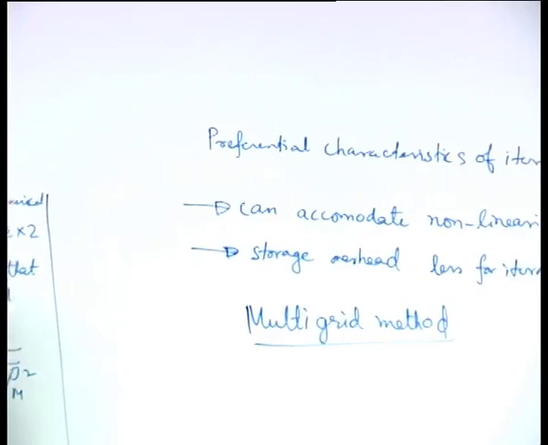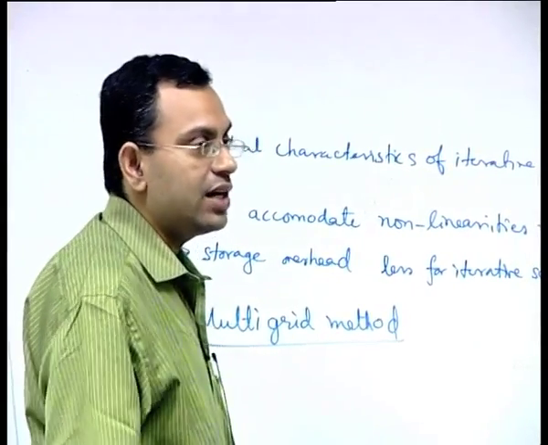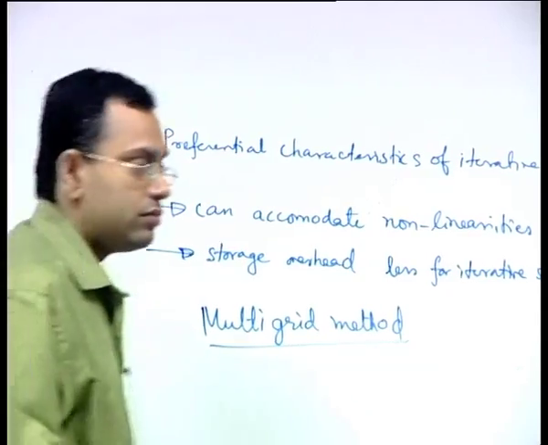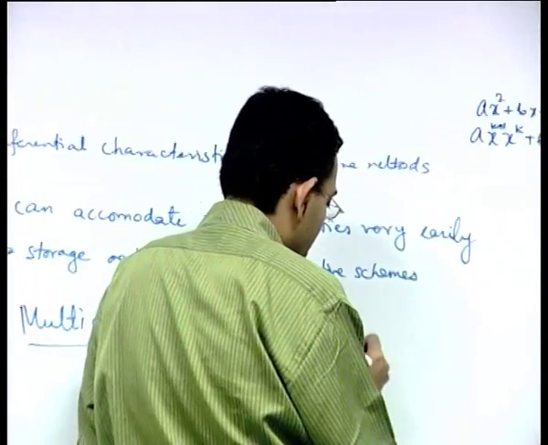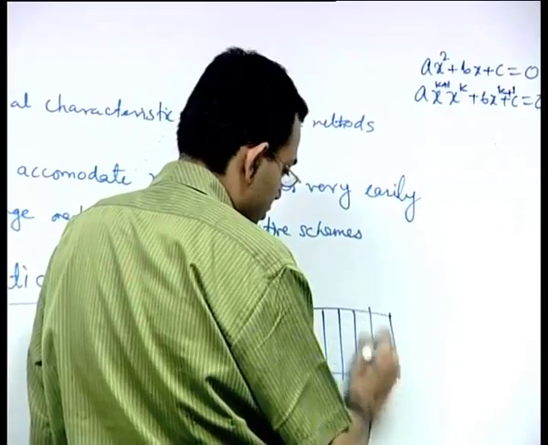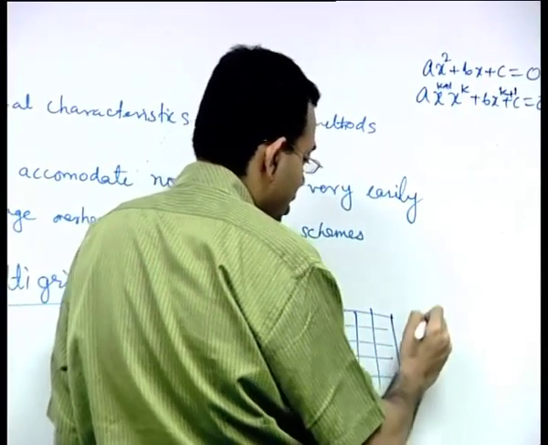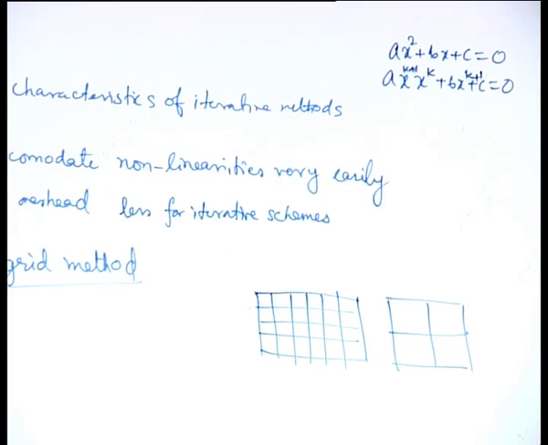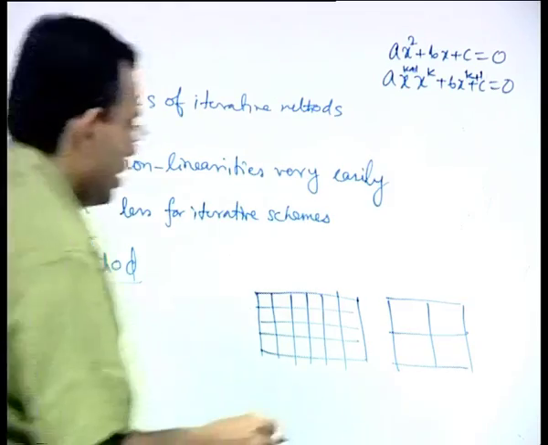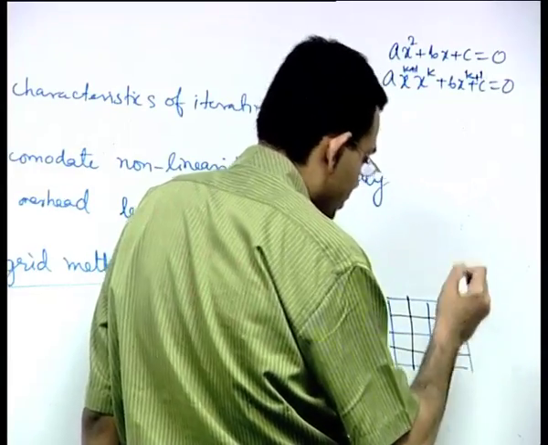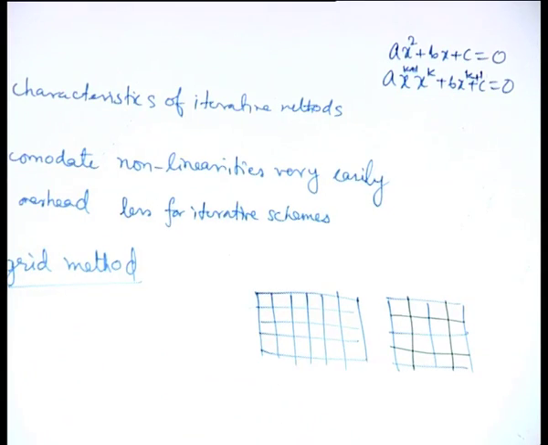but before doing that we should appreciate certain things, that is, how do the errors propagate in an iterative scheme. So in an iterative scheme you have the mesh size like this, may be a fine mesh and this may be a coarse mesh as an example. You can refine a coarse mesh very easily. Let us say this is a refined version of a coarse mesh.